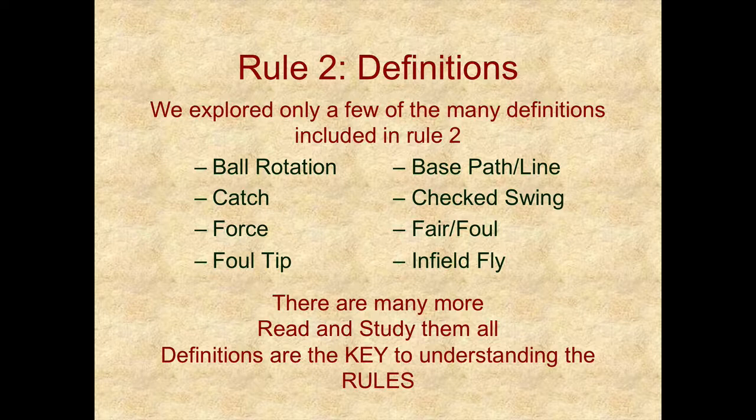These are things that are pretty regular occurrences in any ball game, and umpires need to be very familiar with their definition and how to rule on or enforce these situations. There are many more definitions. Please read and study them all. Definitions truly are the key to understanding the rules.